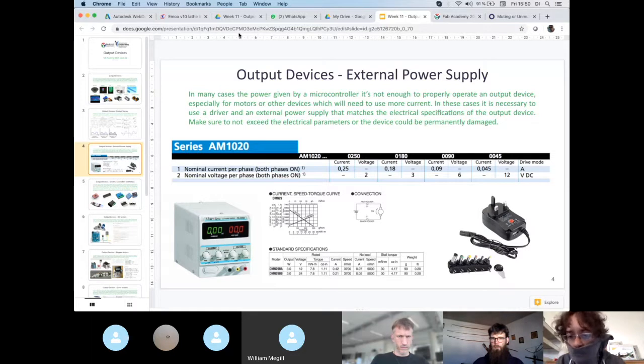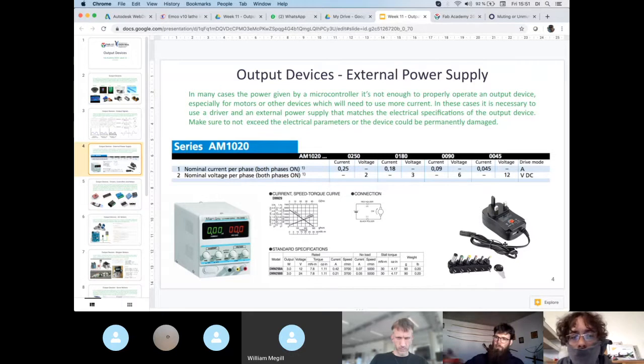So what you need is an external power supply that can give you enough power to operate your output device. This external power supply can even be a battery, or a bench power supply where you can tune the current and the voltage, or it can be something fixed, giving you a certain amount of power for your specific application.